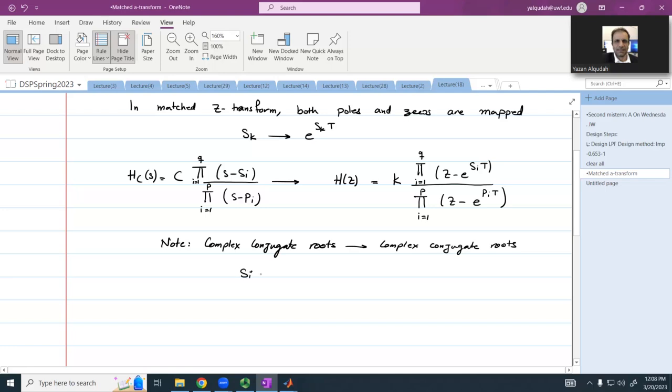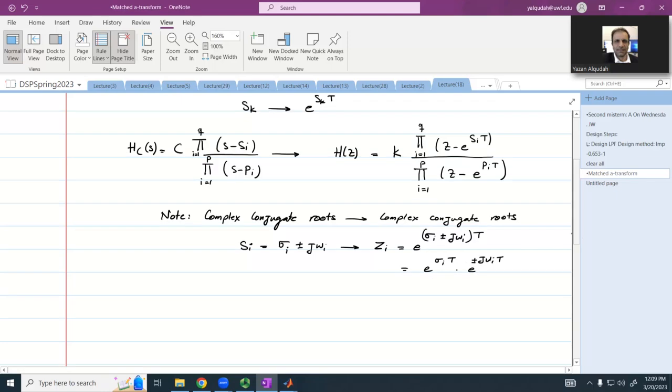That is, if I have Si in the continuous time domain as sigma I plus or minus j omega I, then this is going to get mapped to Z I equal to e to the power of sigma I plus or minus j omega I, multiplied by T, which we can write as e to sigma I T multiplied by e to plus or minus j omega I T. So this is going to be the magnitude, and this is going to be the phase of the root.